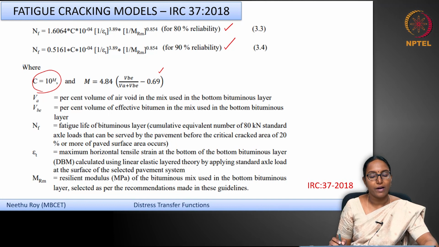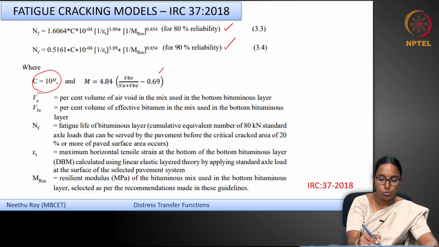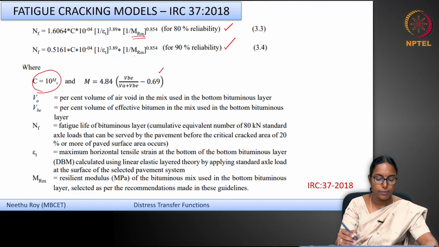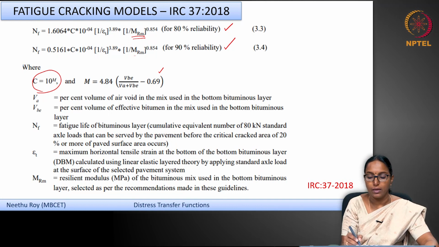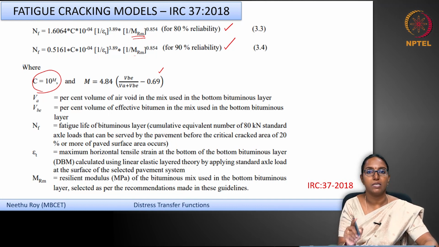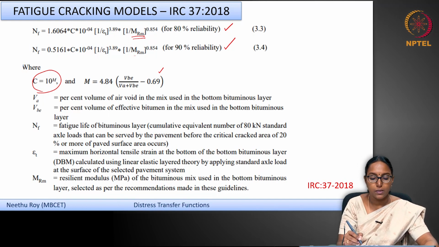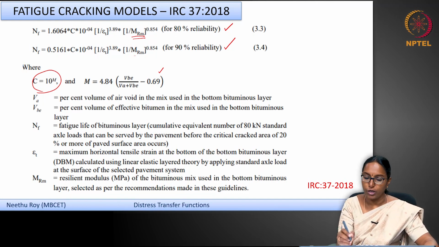You have to find the resilient modulus of the material that you are using at the bottom bituminous layer, and that resilient modulus goes in here, denoted as MRm. For the mix, VBE is the percentage of effective binder bitumen in the mix, again for the bottom bituminous layer, and VA is the percentage of air voids in the bottom bituminous layer.